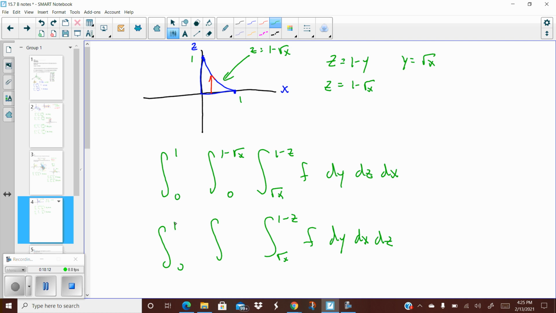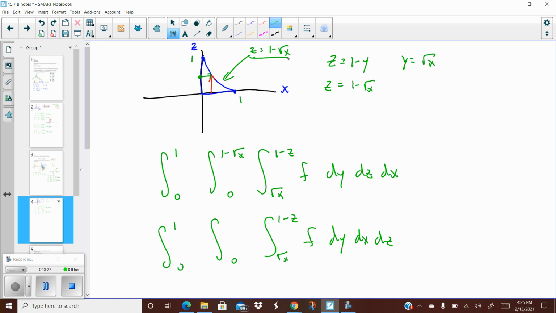That's just going to be 0 to 1. And then x has to go from here, which is 0, out to the function. Well, we do have something in terms of z now, so we just basically have to solve that function right there for z.